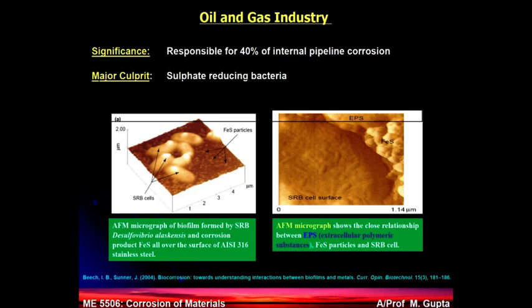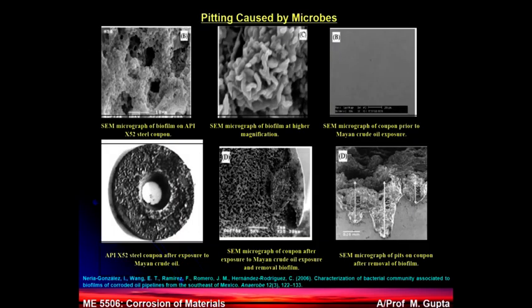That's a very big number, 40%, almost half. Sulfate-reducing bacteria, and you can see a picture which shows this SRB, or sulfate-reducing bacteria, and when they enter into the biological activity, then you get the corrosion product like iron sulfide and EPS, which is extracellular polymeric substances.